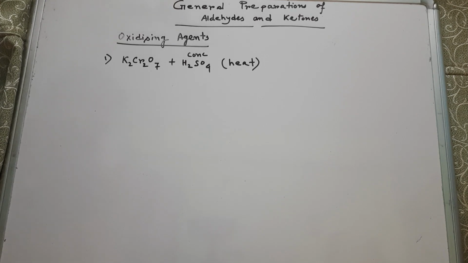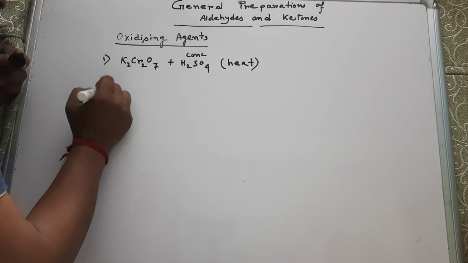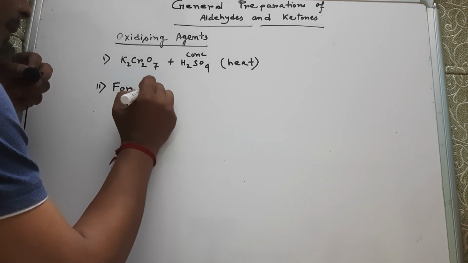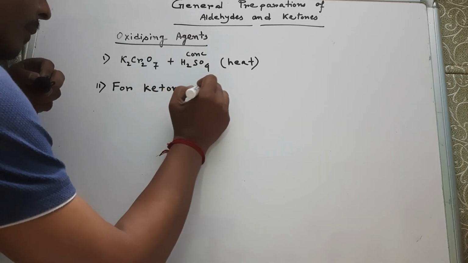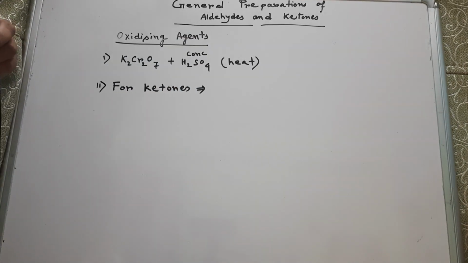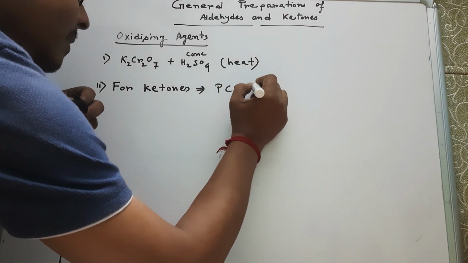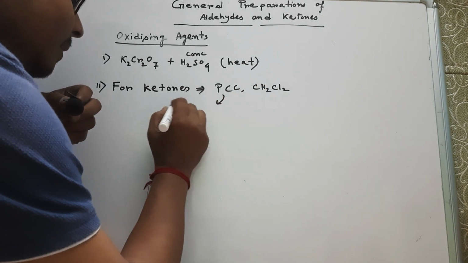Okay, and next, for ketones, this is called pyridinium chlorochromate, PCC, and CH2Cl2. What is PCC?